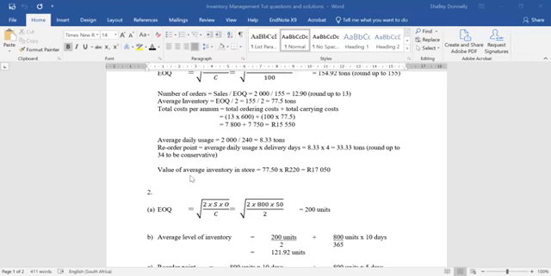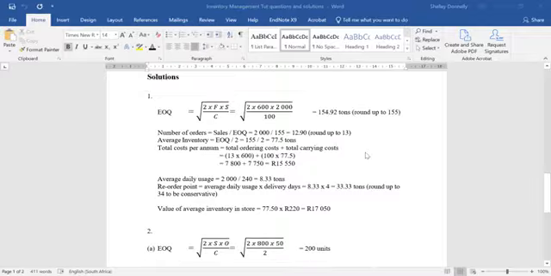But I'd rather teach you this method because you might get a scenario where they're ordering, say, 200 tons, and you get asked a question: what is that costing them per annum? Then you'll work it out using the total ordering costs and the total carrying costs, based on the 200 tons that you're ordering currently. And in that way, you can see whether it's optimal or not.